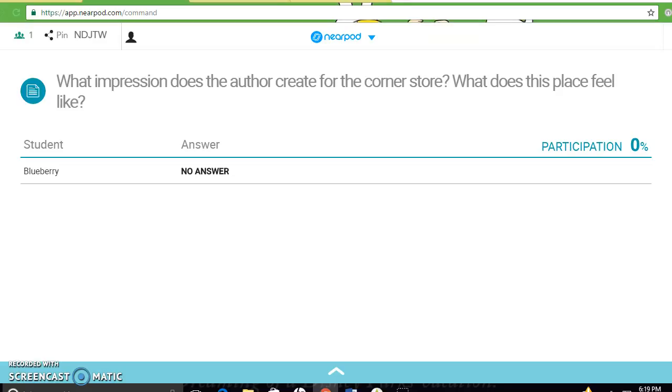Next, you have another question. What impression does the author create for the corner store? What does this place feel like? So I will write in my answer.